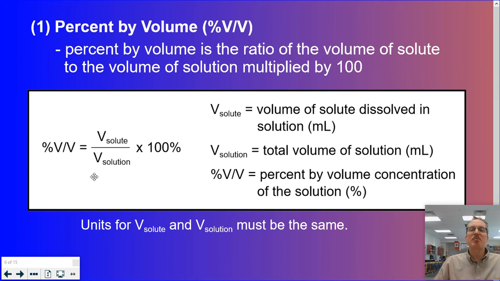By the way, if we are comparing this formula to the one in your textbook, they actually put a C here and define concentration equals V solute over V solution times 100%. I like to put percent volume so you remember the unit you're coming out with, because when the liters cancel or when the milliliters cancel, we only have one unit left.